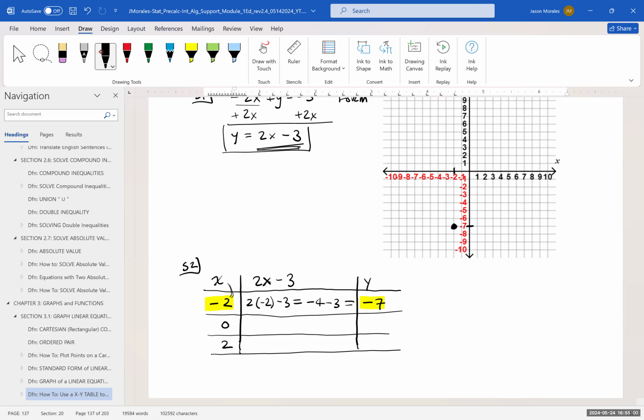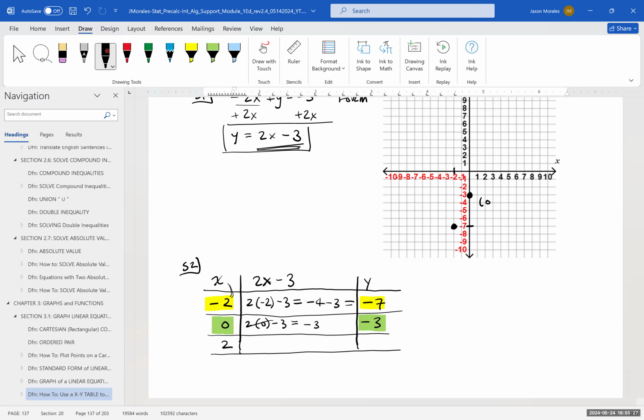Okay, then the next one I chose was 0 for x. So this is going to be 2 times 0 minus 3. And 0 times anything is 0, so we're just left with -3. So we have the point 0, -3. So we have 0 on the x, -3 on the y, which will be there.